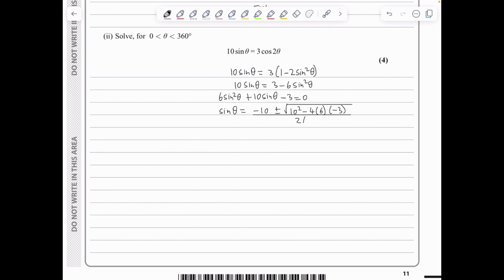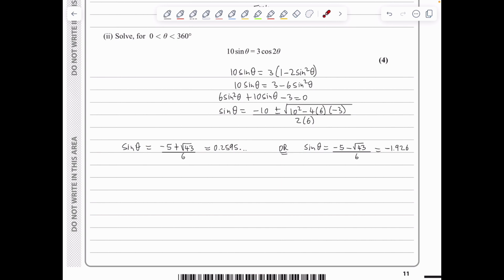Now, if you plug this into the calculator, we get that sine theta is equal to (minus 5 plus root 43) over 6, which numerically gives a value of 0.2595... or alternatively that sine theta is equal to (minus 5 minus root 43) over 6, which numerically gives a value of minus 1.926.